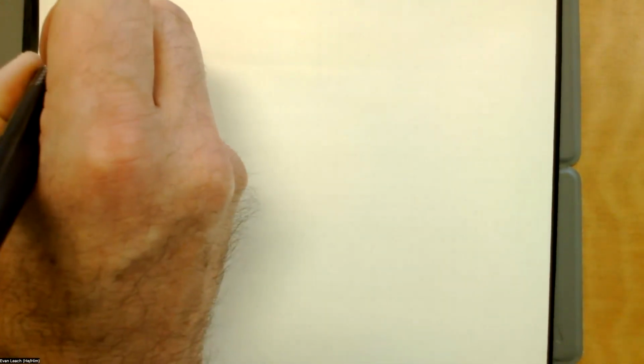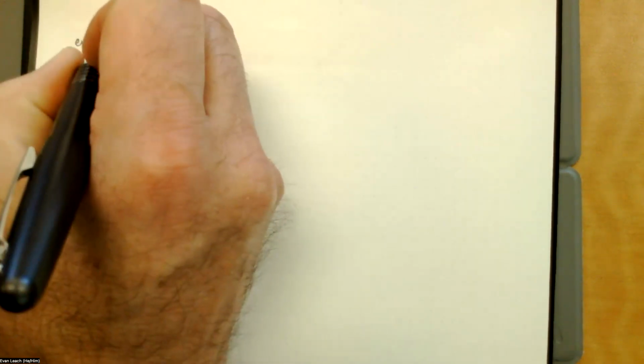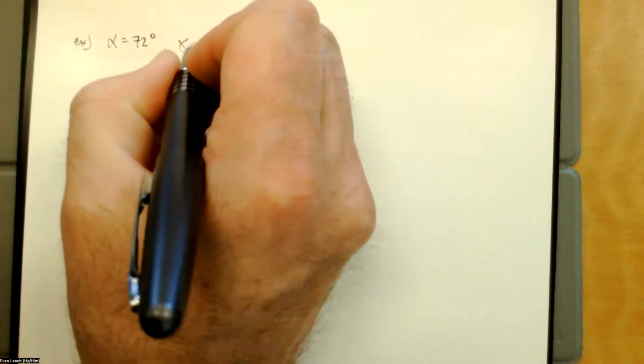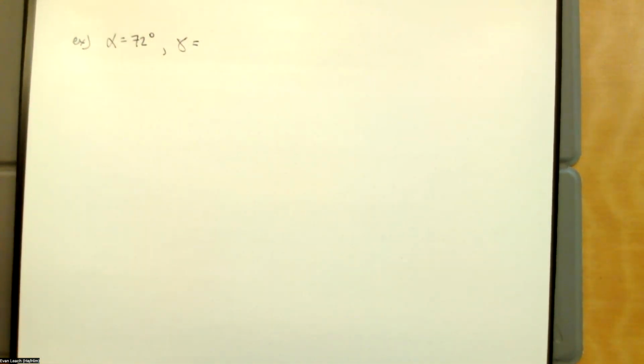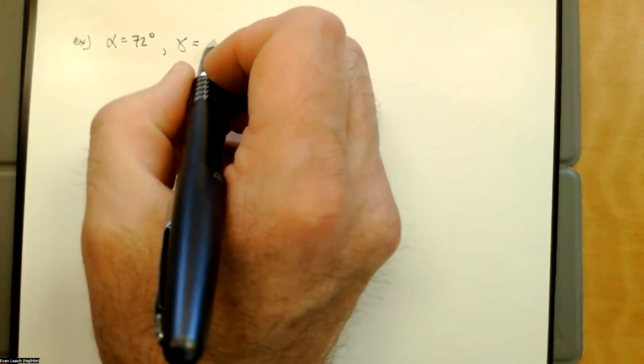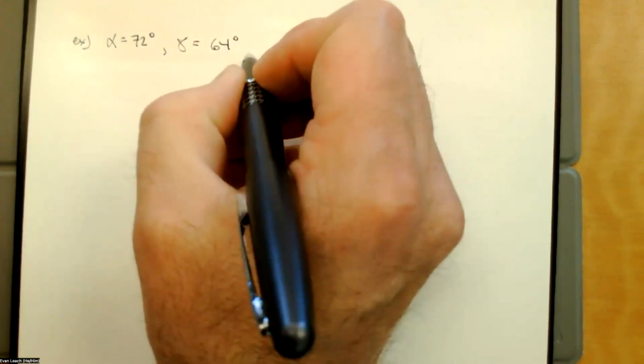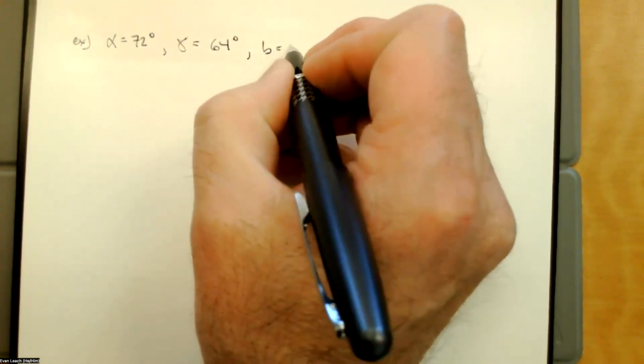All right. So let's adjust things a little bit. Let's say that alpha is 72 degrees, and let's change up gamma. Instead of 54, which gave us an isosceles triangle, let's go with 64. And side B can still be 27.9.